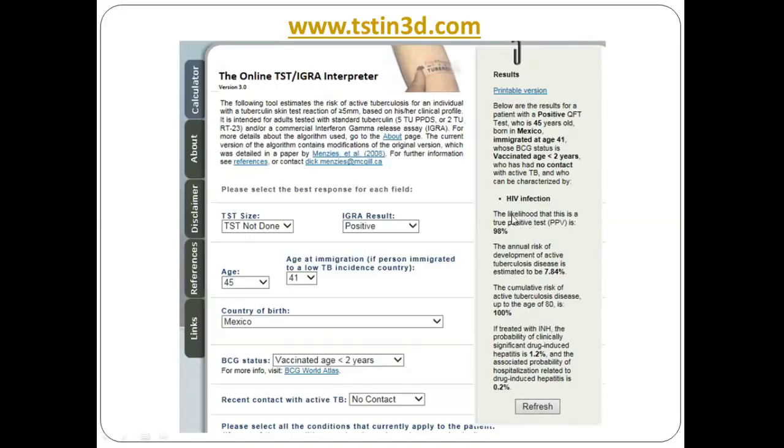So it tells you, for this particular patient, the likelihood that this is a true positive test, because there are also those issues of true positive, false positive, true negative, false negative, TST, or IGRA test, right? So you can give these numbers to the patient, and the patient can make decisions based on this.